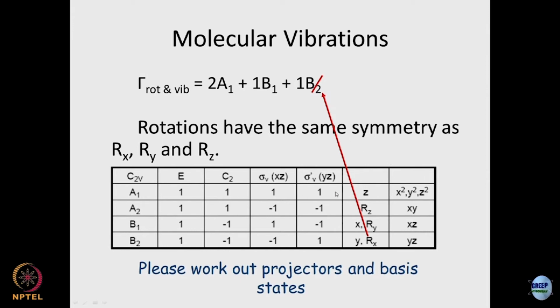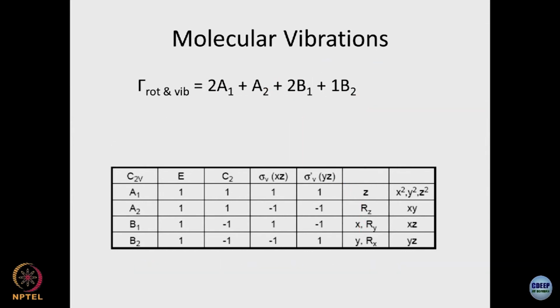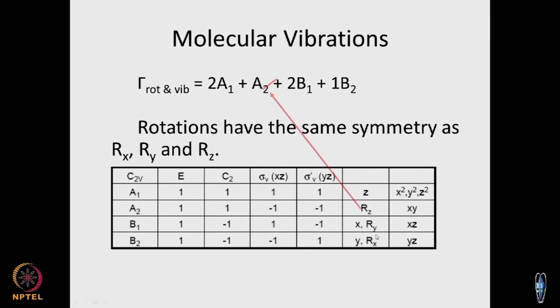Did I miss something, some factor? So, it is 1 A2, and then the B2 will also get removed, and 1 B1 will get removed.